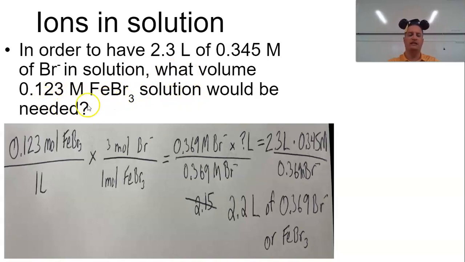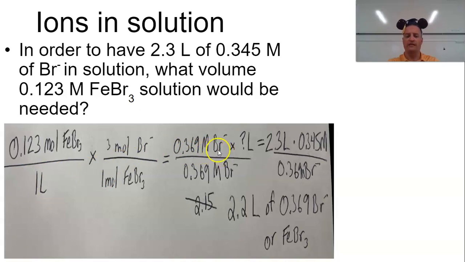So you want to take seeing how much does each of this deliver considering bromine. So I take the moles per liter, right, the molarity. I'm converting the iron 3 bromide into how many bromine ions it will have, and that'll be 3 moles. So that'll be 0.369, and it's still over 1 liter, so that's my molarity.